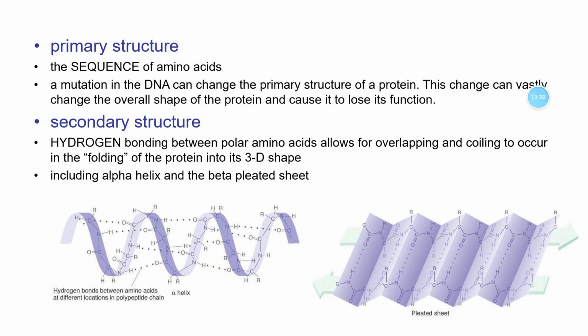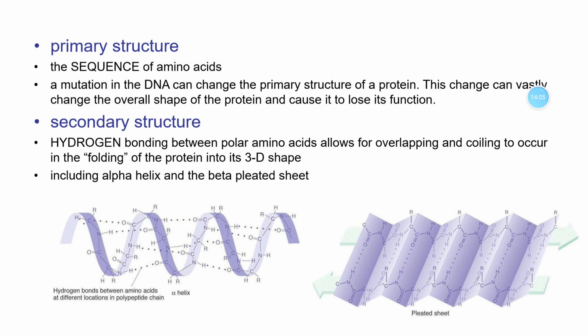In biology, a mutation in DNA can change the primary structure of a protein, and this change can vastly change the overall shape of the protein and cause it to lose its function. Also, if the primary structure changes, the other 3 structures will also change. The second one is the secondary structure.